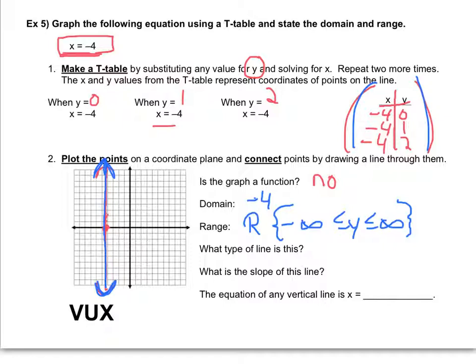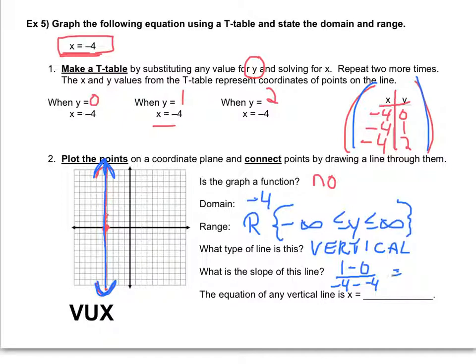Now, what type of line is this? It is obviously a vertical line. What is the slope of the line? Well, if we take y2 minus y1, we can look at our table and take the second point, y2, minus the first y, which is 0, over -4 minus -4.